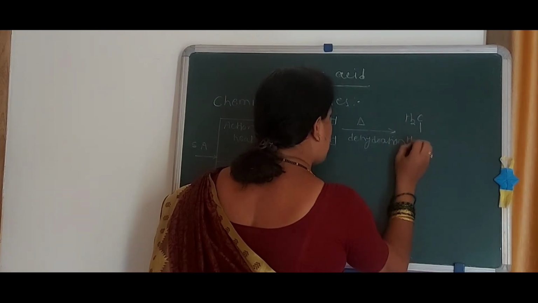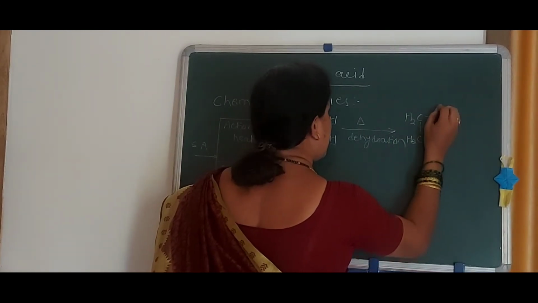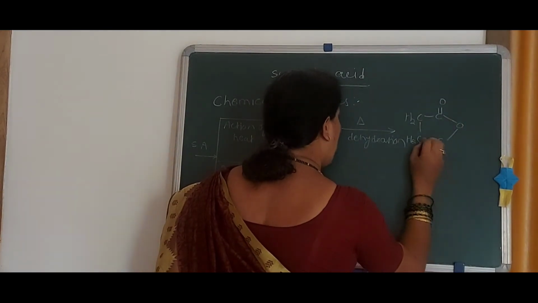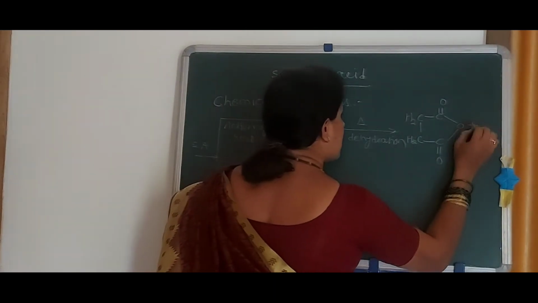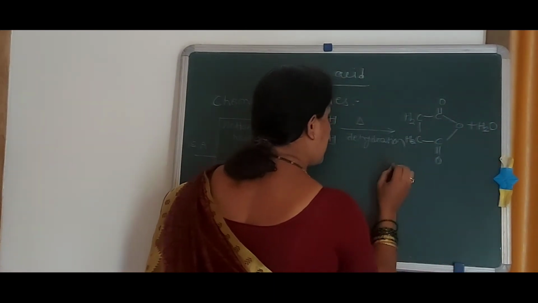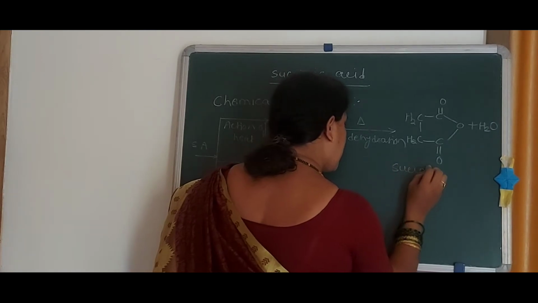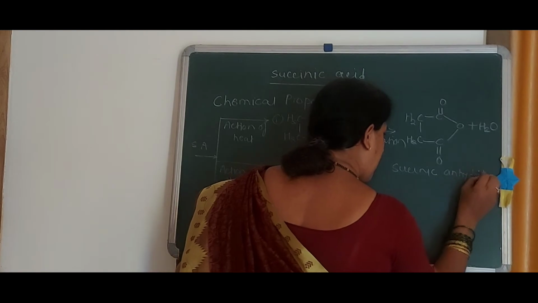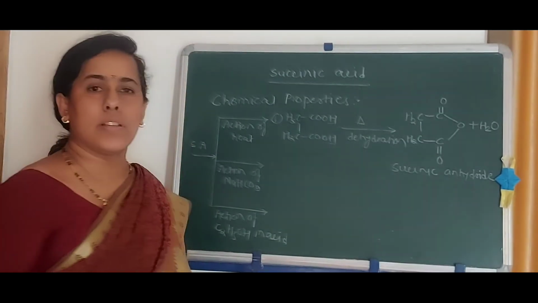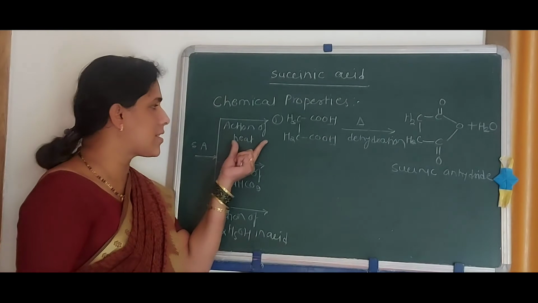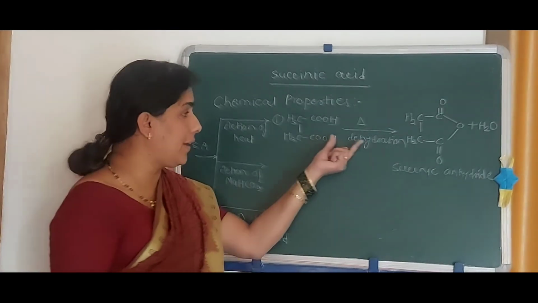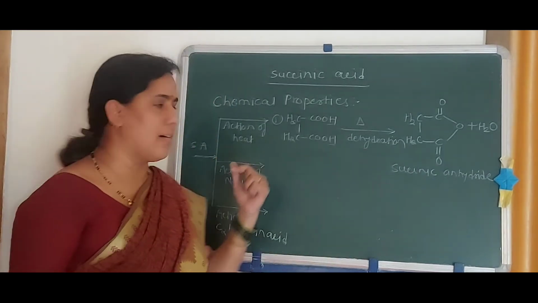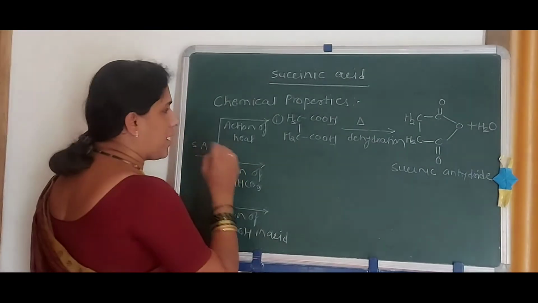CH2, CH2, C double bond O, O, C double bond O, plus H2O. That is succinic anhydride. What is the product? When succinic acid is heated, it loses one water molecule and there is formation of succinic anhydride.